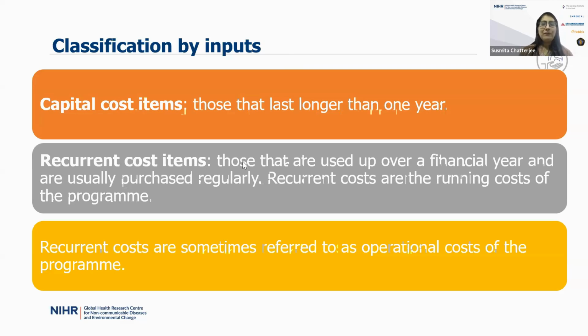Okay, so good, you understood what the capital items are. And the recurrent items are those which are regularly required. Any expenses you make for the running of the program are the recurrent cost, okay? So there is a difference between capital and recurrent items, and I'm glad that one of you said that human resources is a capital item. Of course, yes.